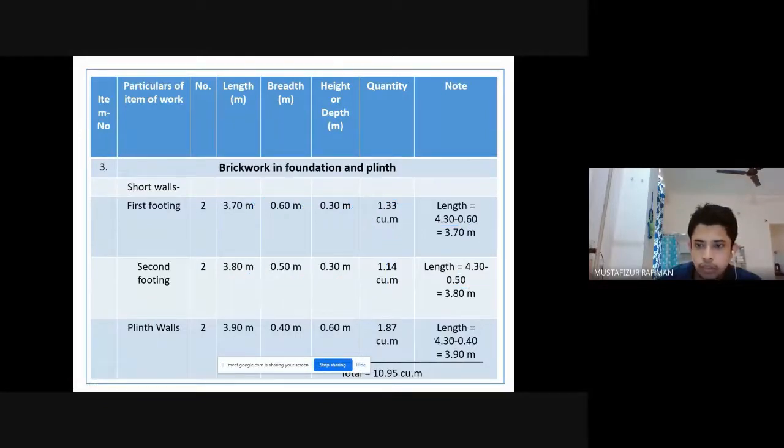In the plinth wall, center to center 4.3 meter, subtracting 0.4 meter, that is the thickness, getting the length, breadth, and height is 0.6 meter. Then finally, volume of work, and then finally we add them up and we get the total volume of work.